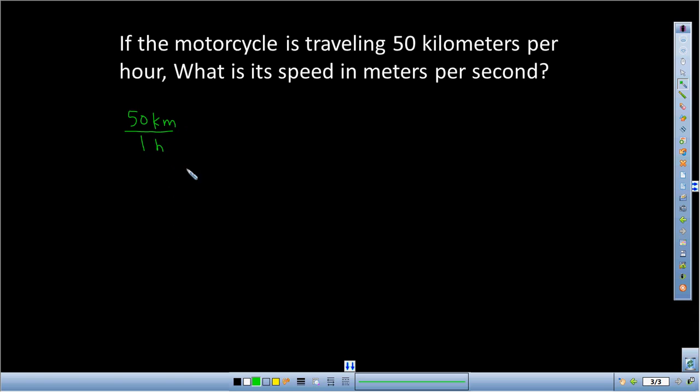Now the conversion factor for meters to kilometers is 1,000 meters per 1 kilometer. The conversion factor for seconds to hours is 3,600 seconds in 1 hour.